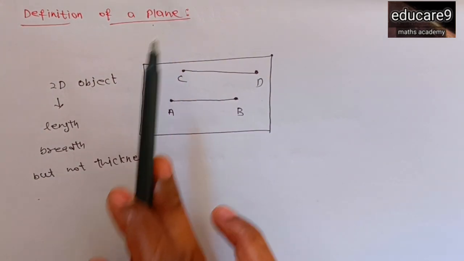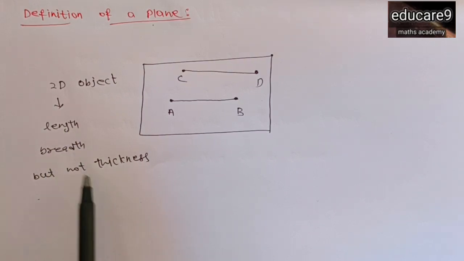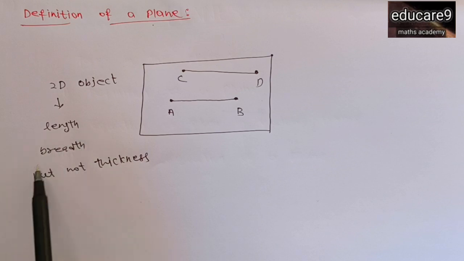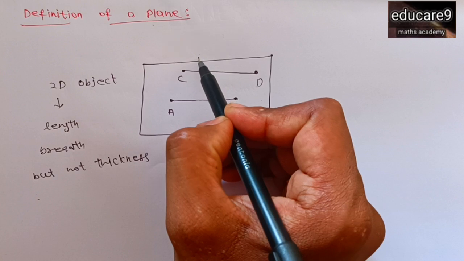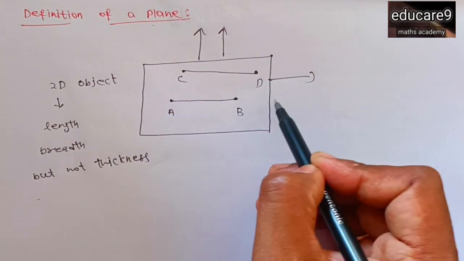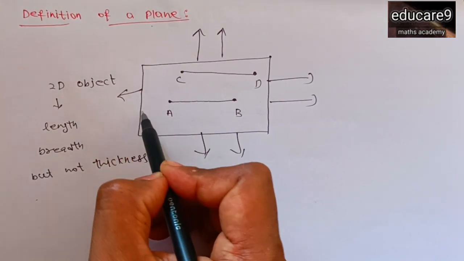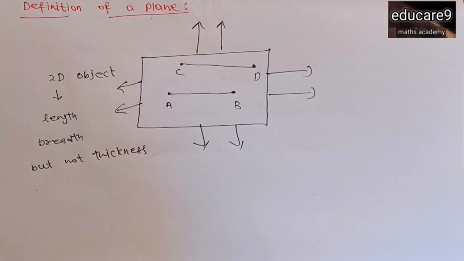It has no particular length or breadth, which means we can move endlessly in all directions. So this is another definition of the plane.